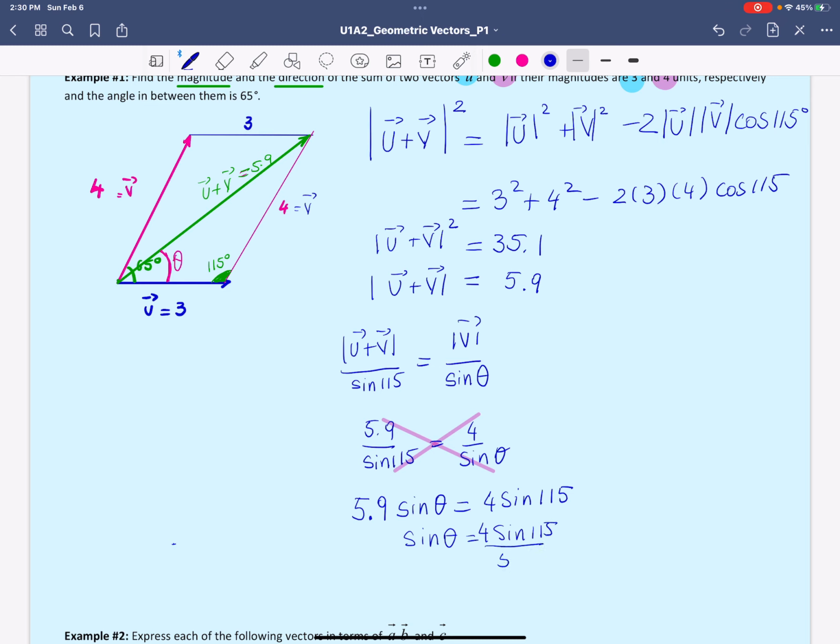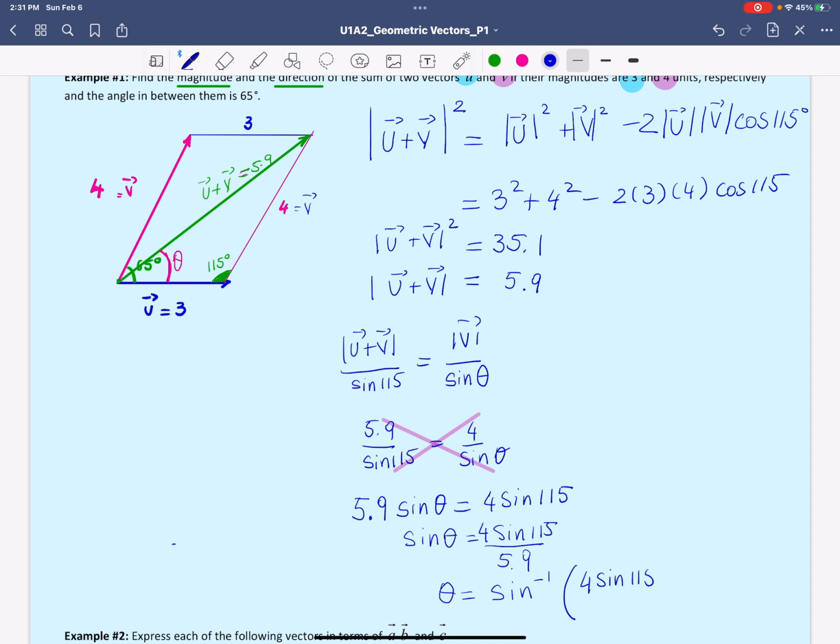divided by 5.9. And if you're wondering if you can cut the steps a little bit shorter, the answer is yes. So once you build up the ratio, you can simply state what the sine ratio is and then write down the answer. So theta would be inverse sine of this value for sine 115.